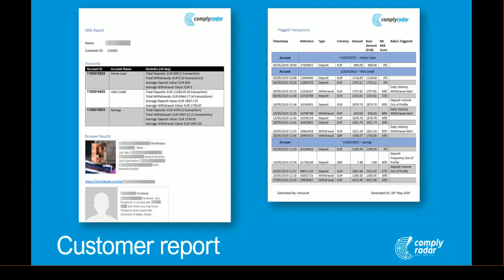Once you have all the generated suspicious transactions about an individual, I can generate a report. It's like a SAR report, or it could be attached to the final SAR report, where it gives you all his activity, all his suspicious transactions, information that I scraped from the internet, being LinkedIn, Facebook, public websites, etc., and the risk score on each transaction.